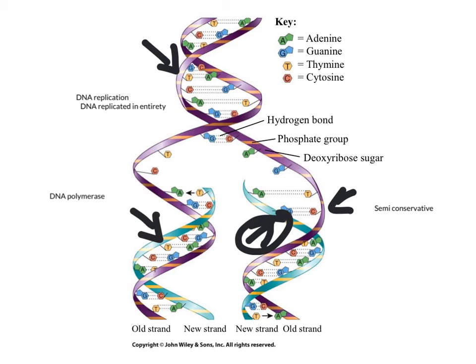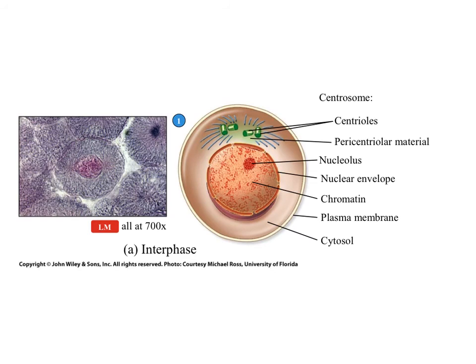The term semi-conservative means that it keeps a parent strand and then also has a new strand with it when it replicates. Okay, so DNA replication, we're replicating the entirety of the DNA.